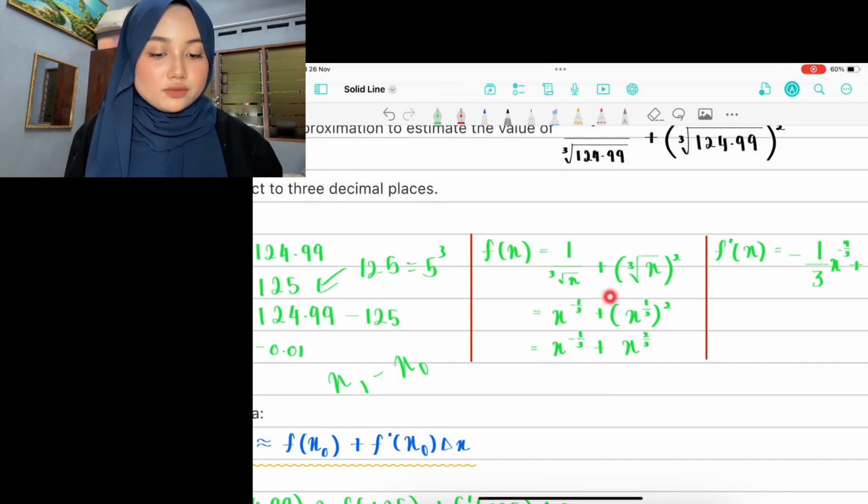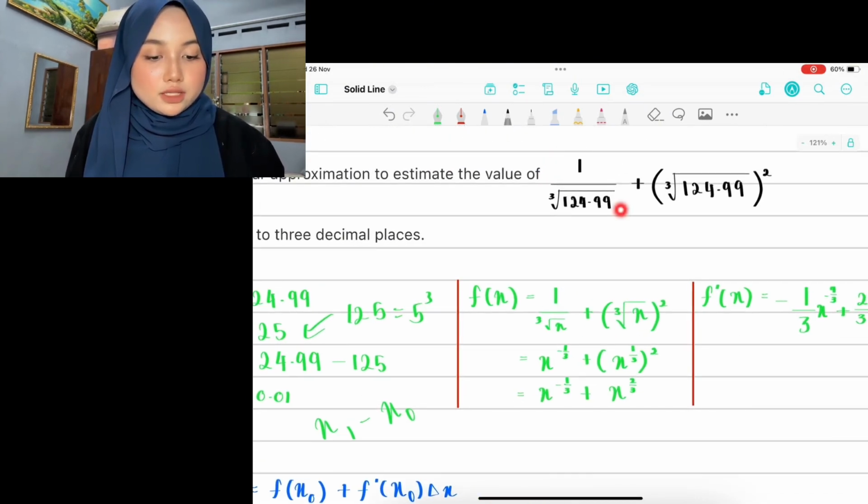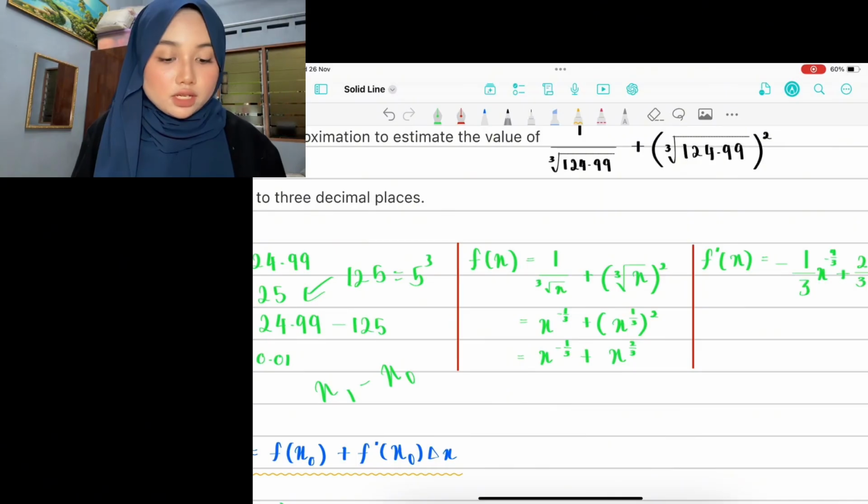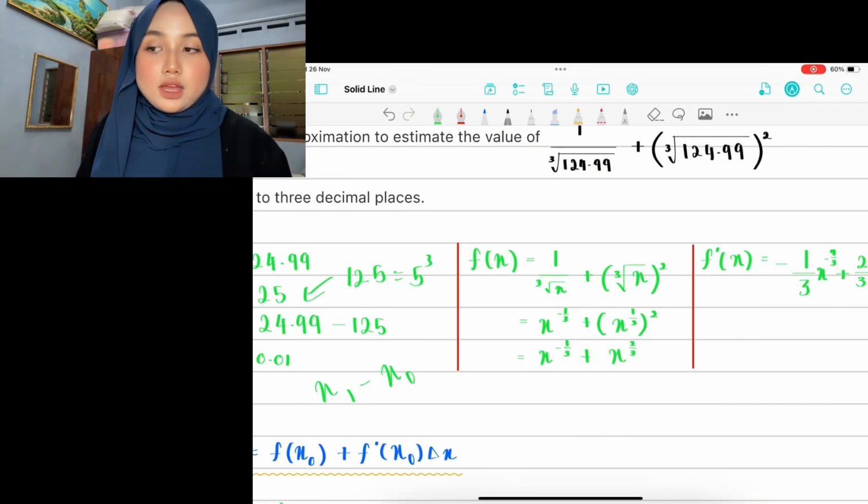Here I replace this value with x, and I define the function as x^(-1/3) + x^(2/3).